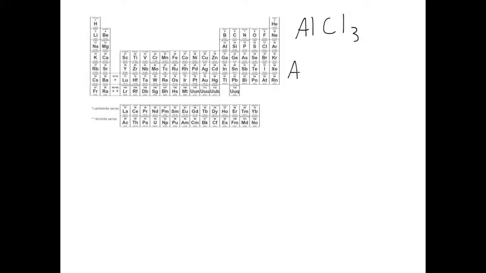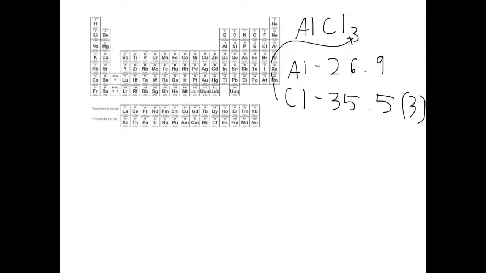So we know aluminum is 26.9 grams and chlorine is 35.5 grams. But we have to multiply chlorine by 3 because there are 3 atoms of chlorine.